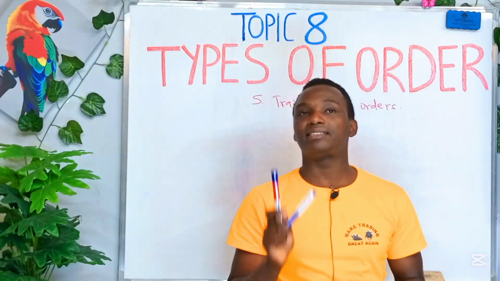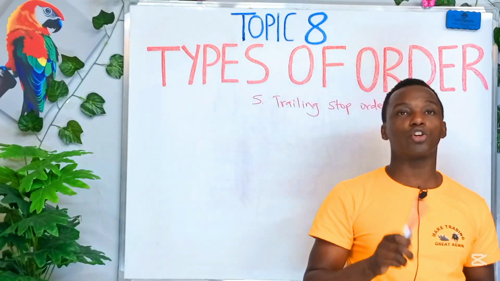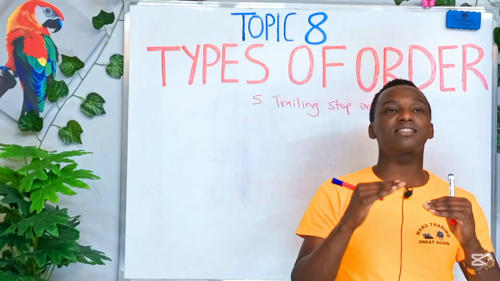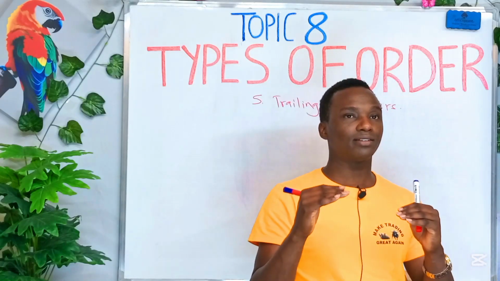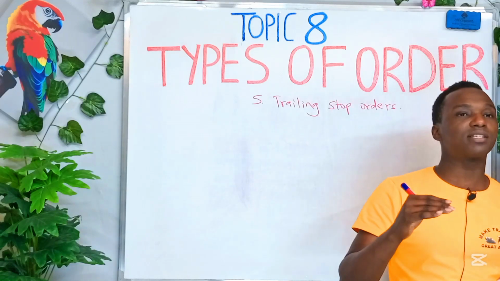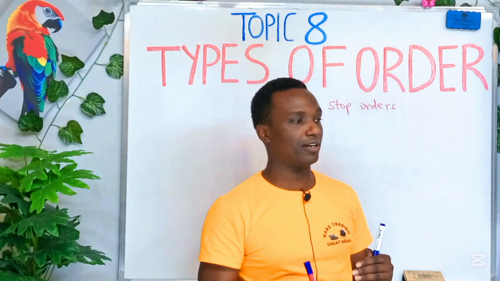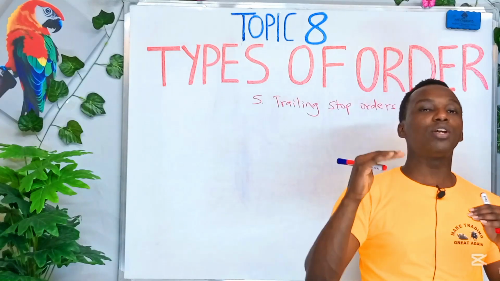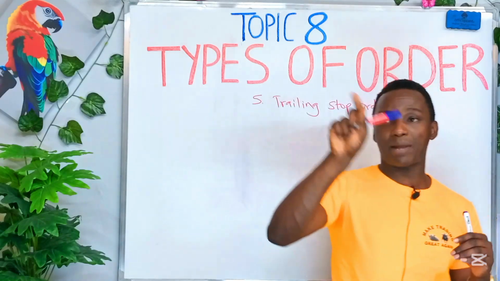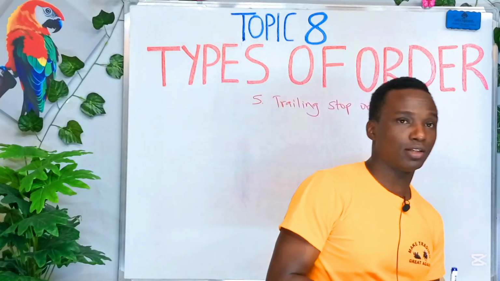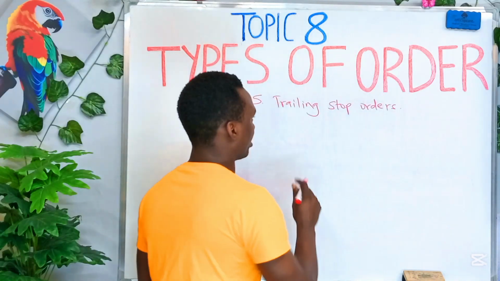So these are stop loss orders that automatically adjust themselves. Okay. And they stop the price as the market moves in the trade's favor. All right, so they automatically move with the price, and they will stop you when the market tries to reverse on you. All right, so I will illustrate.